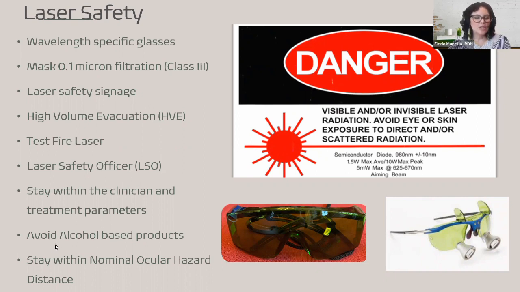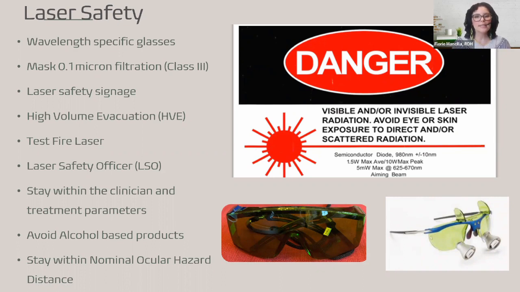Two more things that I will mention: avoiding alcohol-based products when you're using a laser. You don't want to use any alcohol-based products to clean the unit, and you don't want to use any alcohol-soaked gauze when you're using the unit either. And then you want to stay within your nominal ocular hazard distance. The laser safety officer in your office should know what that distance is.